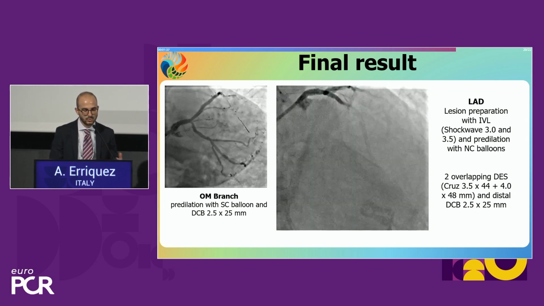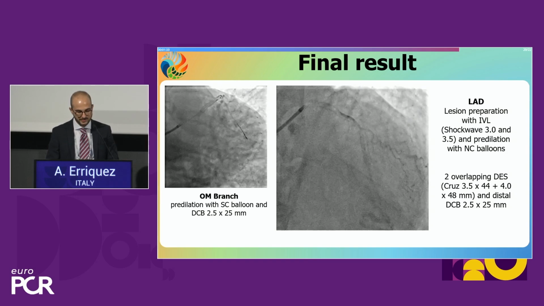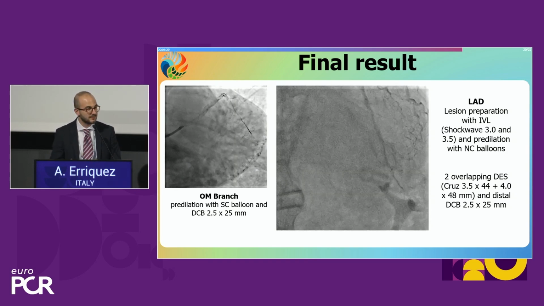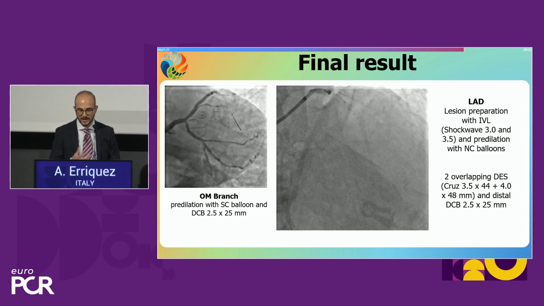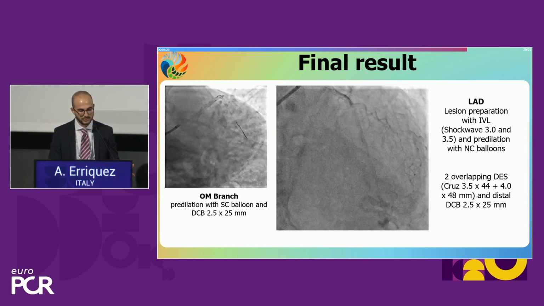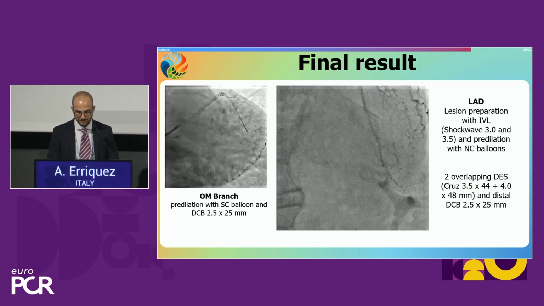Thanks to all the information acquired during the CT scan, with dedicated operators for the presence of the CTO and dedicated devices for the lesion preparation like IVL, we were able to perform a complete revascularization on both vessels without any kind of surprises during the procedure.